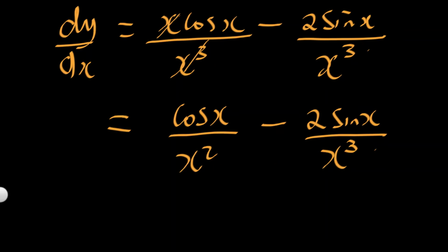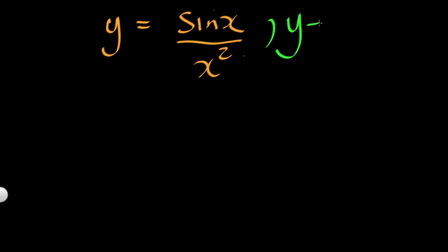Take note of this answer because I want to show you something that you can do again. Because there are people who get confused by the quotient rule. There are times when you can manipulate your question to look like a product and you apply the product rule. If the product rule is quite easy for you, you can do that. I'm going to apply it to this question.